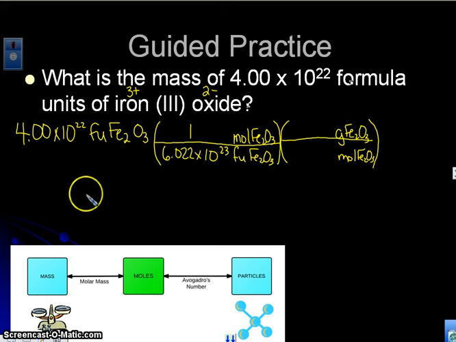And we need to calculate our molar mass of iron 3 oxide by adding up the atomic masses of 2 atoms of iron and 3 atoms of oxygen. And when we do that, we get 159.70 grams in 1 mole. Remember that the molar mass is the mass of 1 mole of a substance. And when we calculate that out, you should get 10.6 grams of Fe2O3.